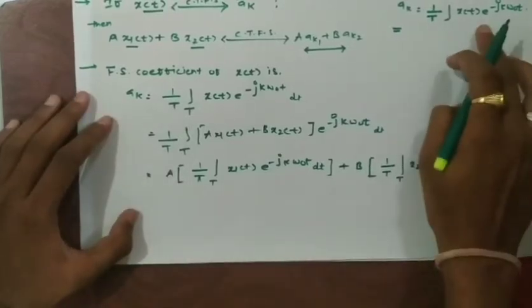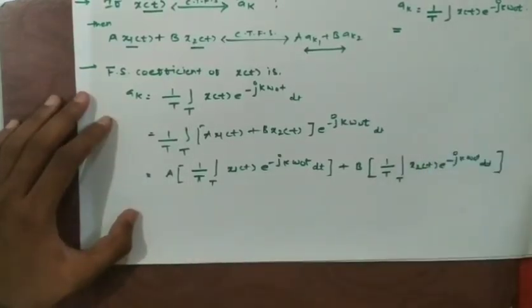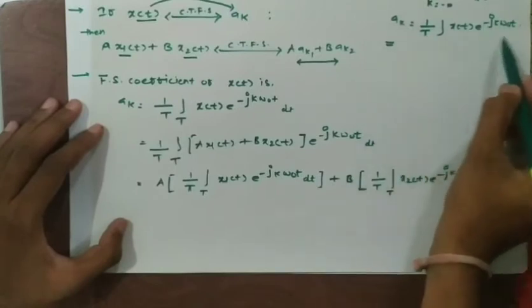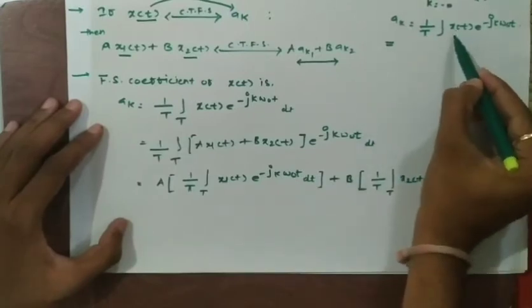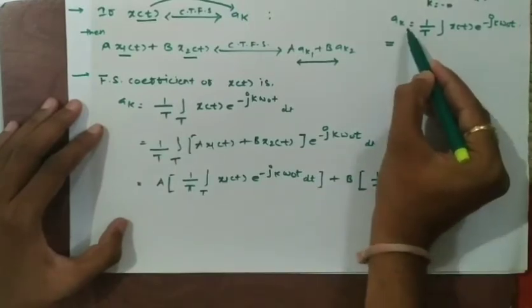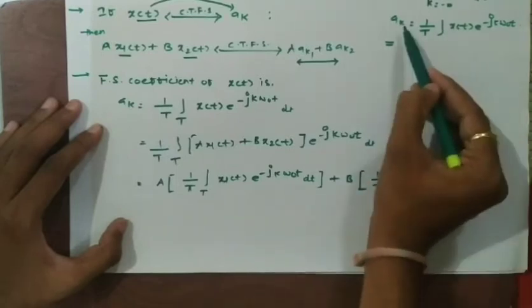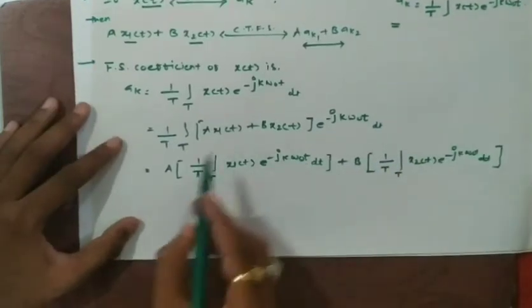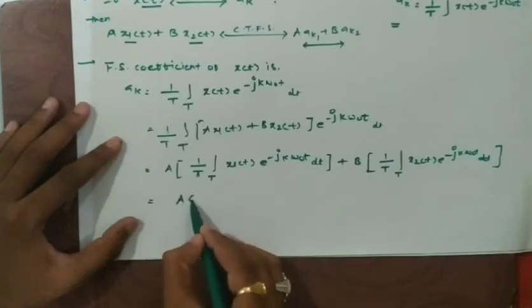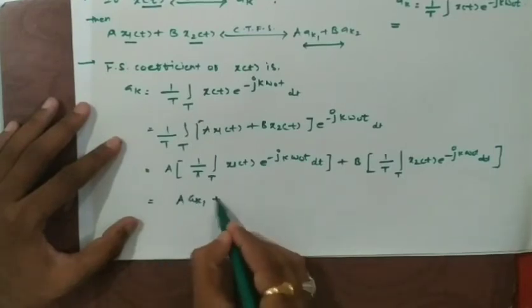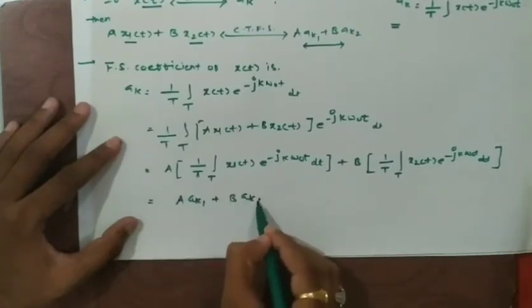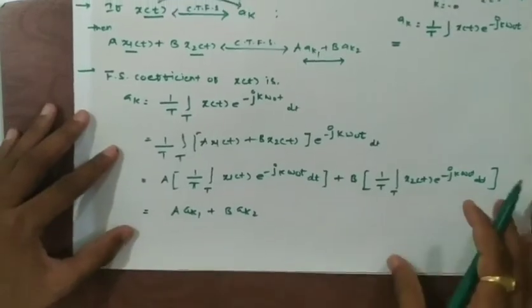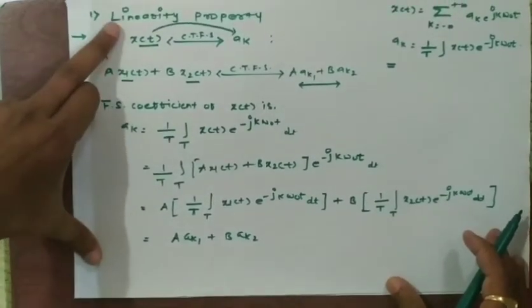Now if you look at this particular formula, which we have already written, ak is equal to this one. Now if instead of x of t we get x1 of t, this becomes ak1. Similarly if it is x2(t), it becomes ak2. So based on that, I can write this term as a ak1 plus b into ak2, and this is what is called the linearity property.